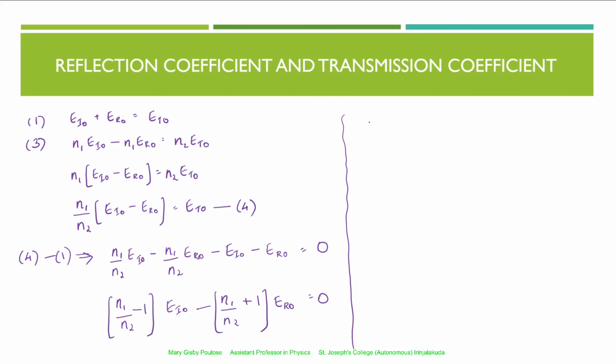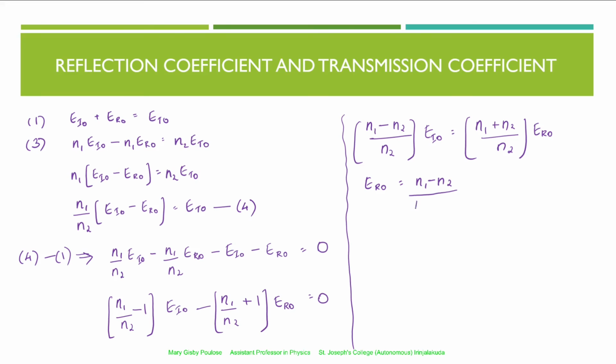This implies that n1 minus n2 by n2 times Ei naught is equal to n1 plus n2 by n2 into Er naught. We can write Er naught is equal to n1 minus n2 divided by n1 plus n2 times Ei naught.